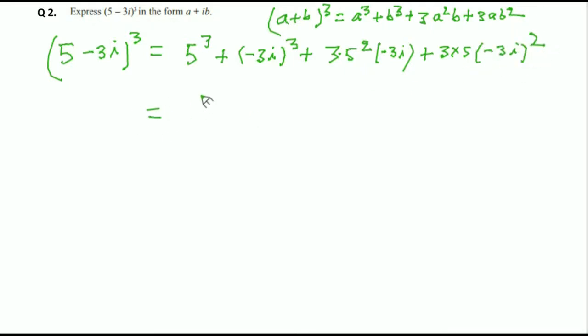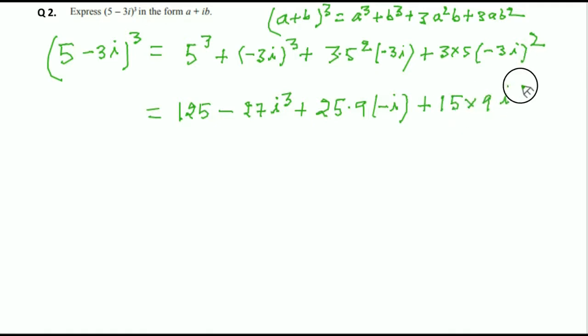Okay, so 5 to the power 3 is 25 into 5, that is 125, and here minus, and 3 to the power 3 will be 27, and iota to the power cube. Here 25 into 9 you have to write, and here minus iota plus 5, and here also 15 into a square, so this will be 9 and iota square.